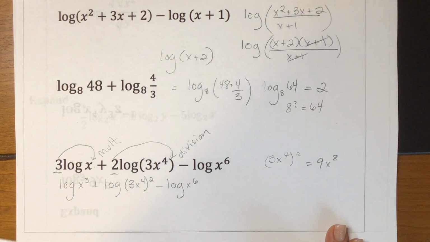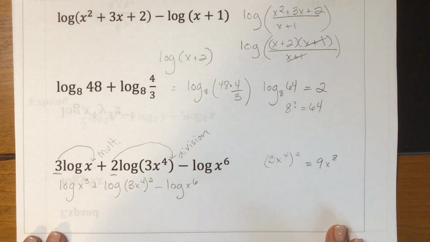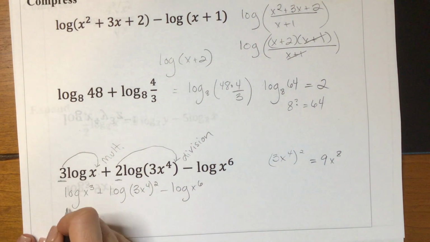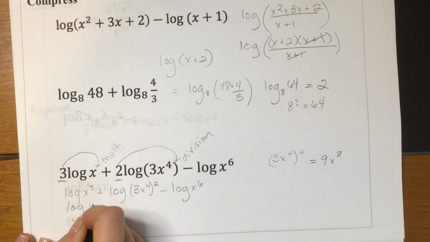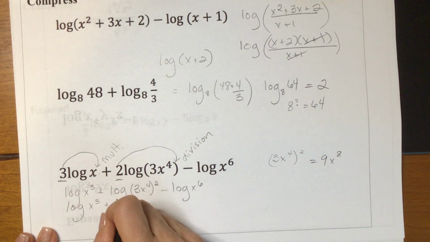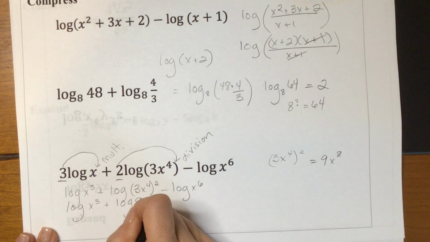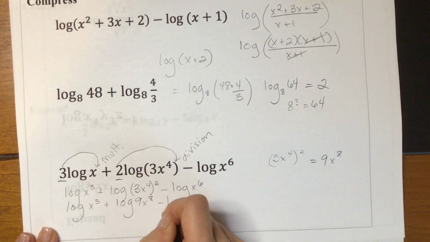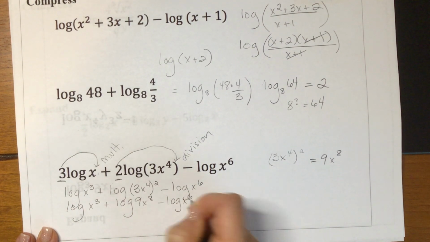Sorry, you're not seeing all of that. So my next step is log of x cubed plus log of 9x to the 8th minus log of x to the 6th.